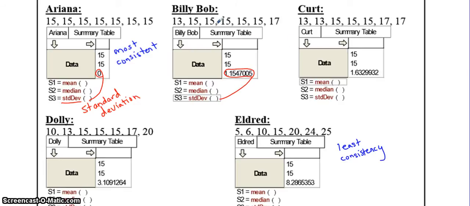Kurt is very similar to Billy Bob, but here there's only 3 numbers that are exactly the same, whereas here there are 5 numbers that are exactly the same. So that puts his standard deviation a little bit higher. With Dolly, she also has 3 numbers that are the same, but the numbers that are not the same are further away than Kurt's.